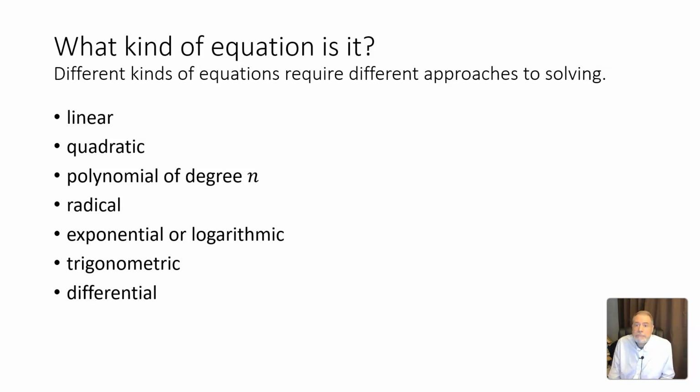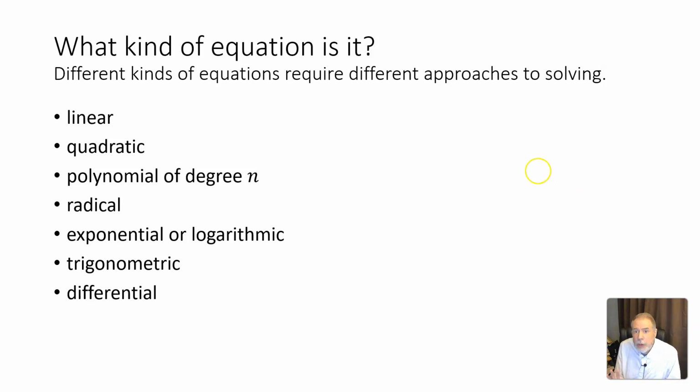And so the first step in solving an equation is to figure out what kind of an equation it is, because different kinds of equations require different kinds of techniques or approaches to solving them. For example, once you recognize that the equation you want to solve is a quadratic equation, then you know that it can be solved by using the quadratic formula, or by completing the square, or sometimes by factoring.